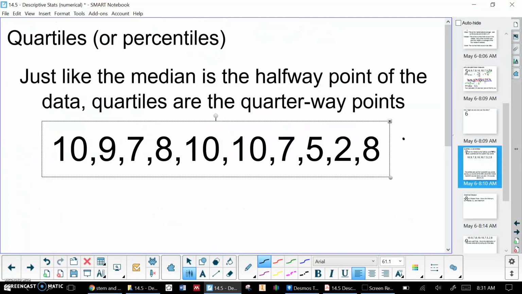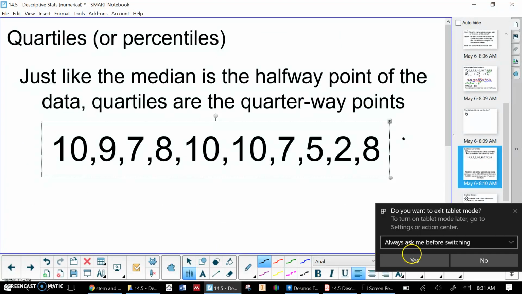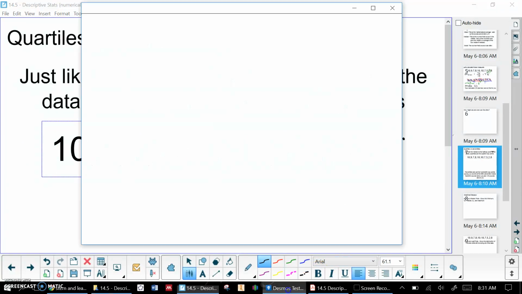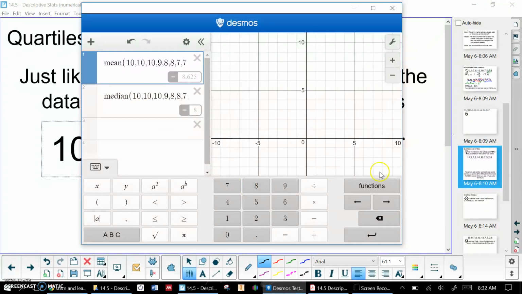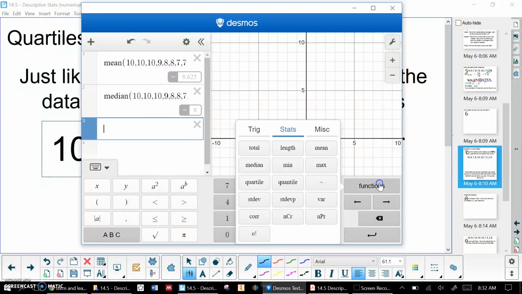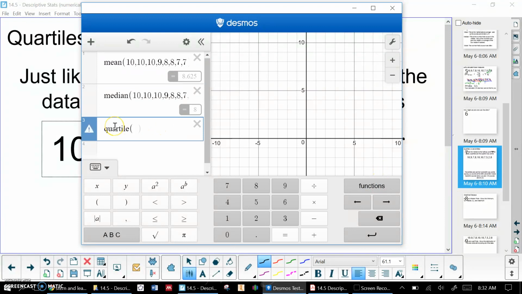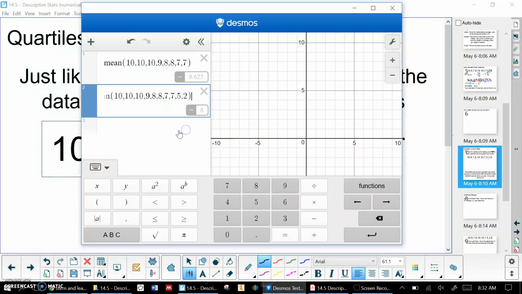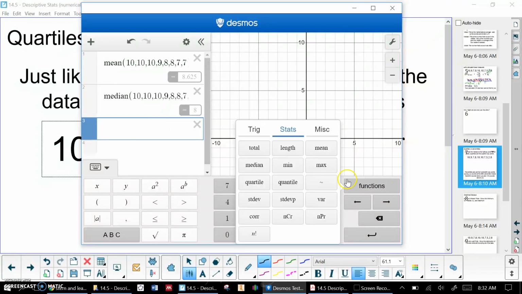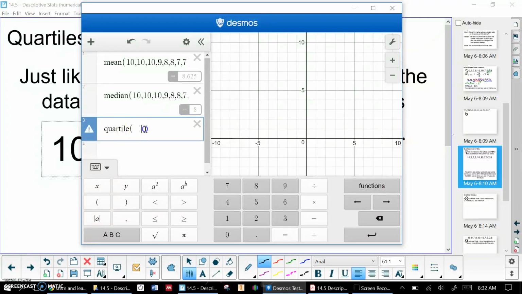And again, Desmos can do all of that for us. If you saw in the little box there what we were working on, you might have seen that one of the functions that were available was quartiles. And so just like that, we can plug in our numbers. Quartile. Let's see what it's looking for here. It requires 2 arguments.